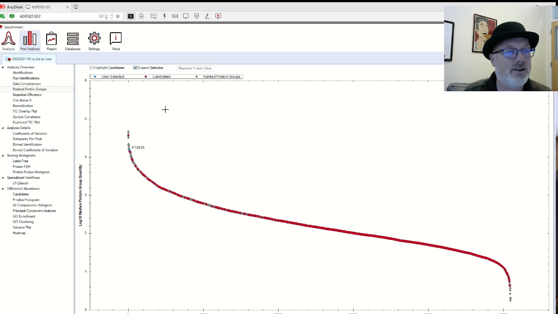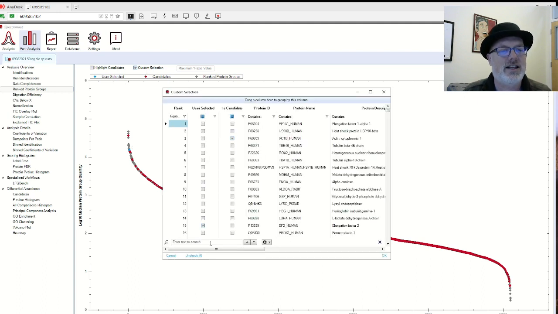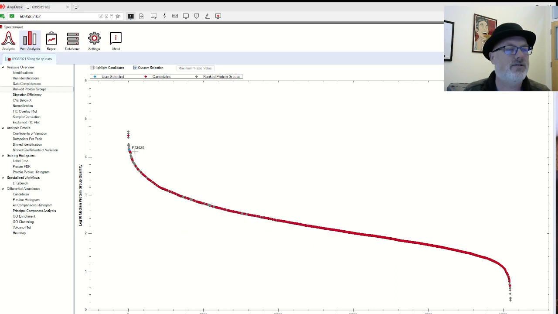So that's really cool, custom selection. Let's say you have bait proteins, and you're doing an IP or something, or you have proteins that you think are super important. You can search for them, hit custom user selection, hit OK, and they will show up as blue dots on this graph, which is a great way to tell if your protein is one of the most abundant proteins or one of the least abundant proteins in the sample.